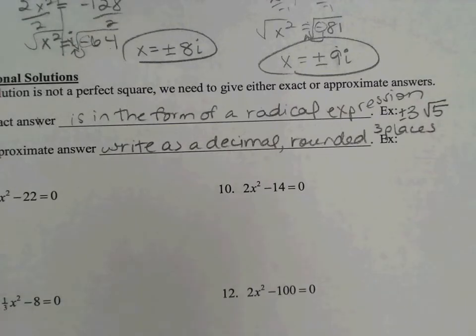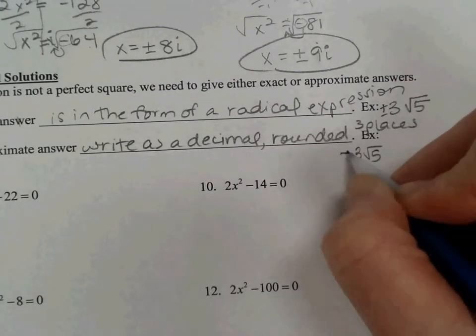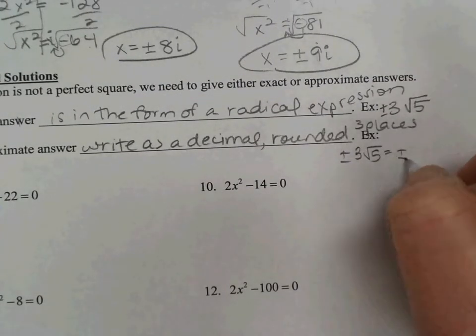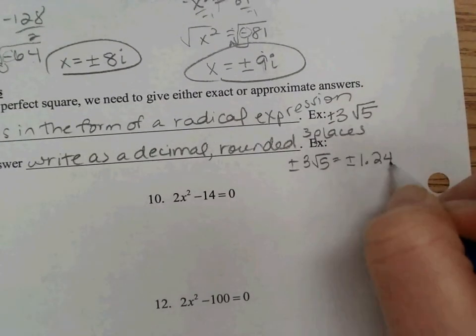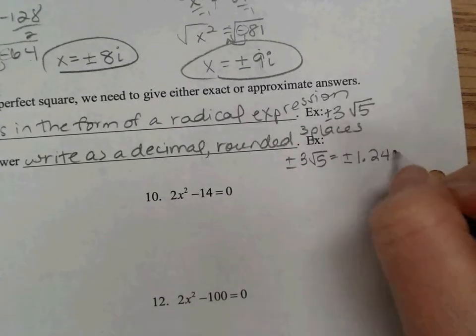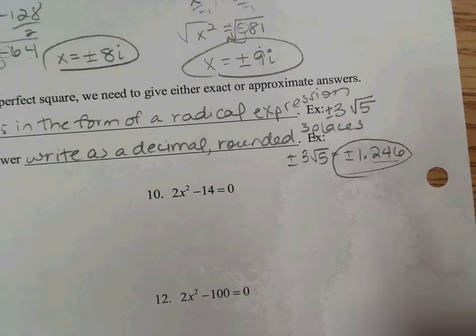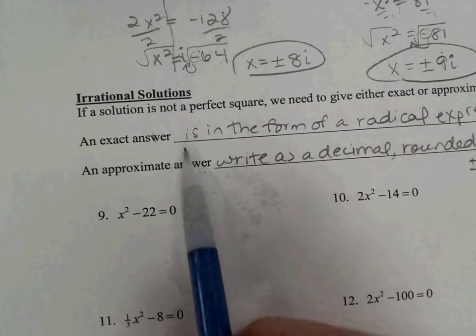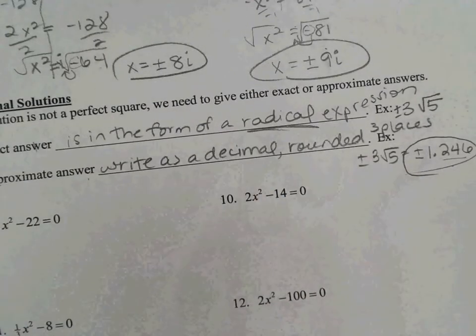You type that into your calculator, 3 times the square root of 5, and you get 6.7082, so I'm going to round that to 6.708 for 3 decimal places. So this is called an approximate answer. So it's just important to know the difference. If it says exact answer, you do need to leave it as a radical expression.